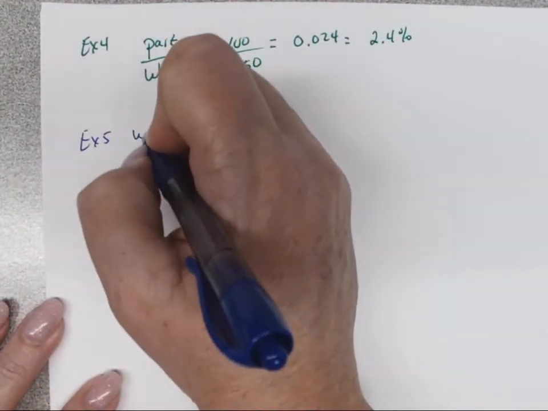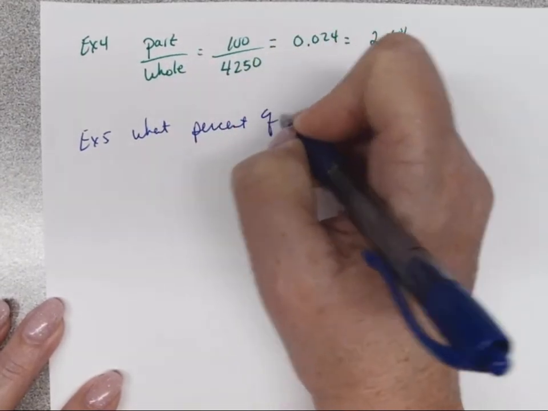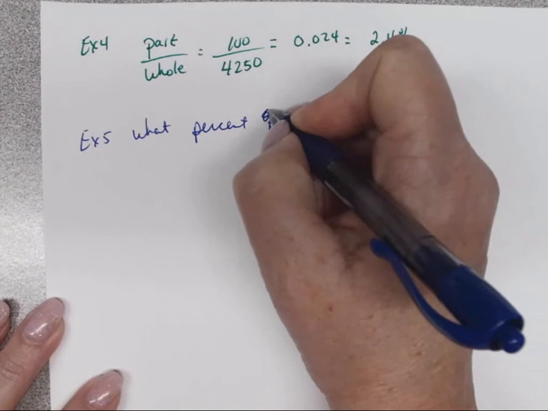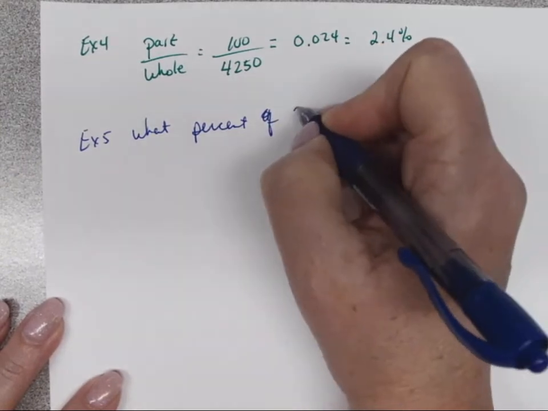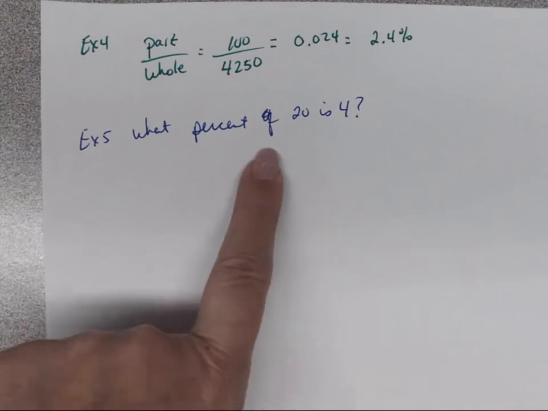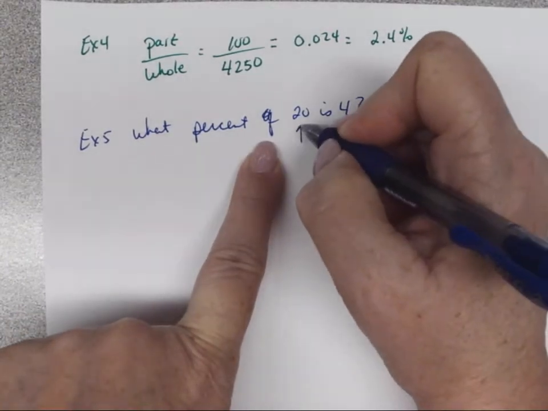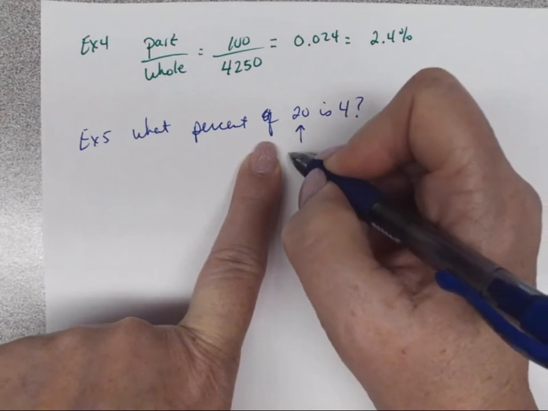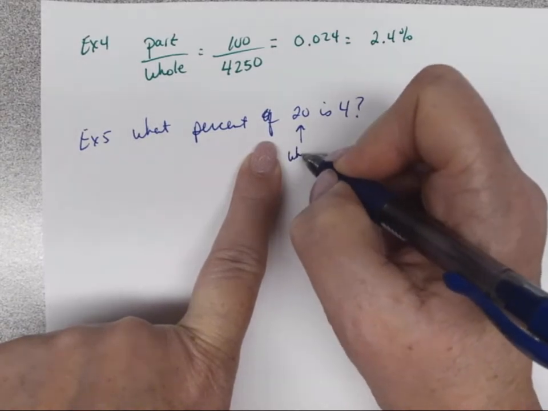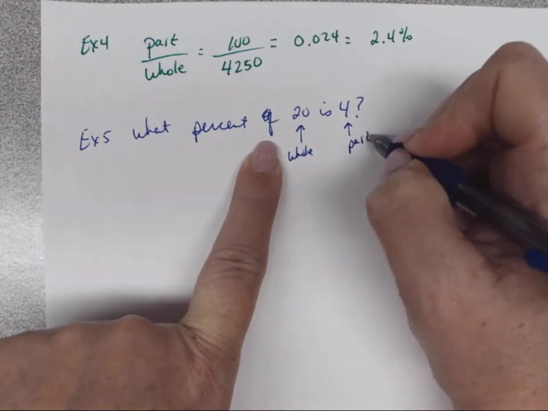We want to know what percent of 20 is 4. Now remember, the number after "of" is going to be the whole. Of 20 is 4, so the 20 is the whole, and the 4 is the part.